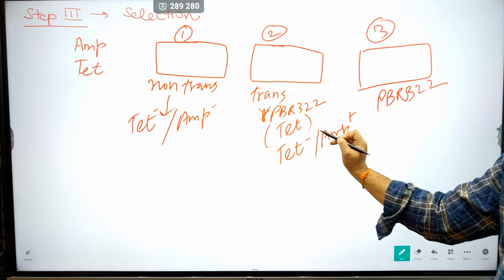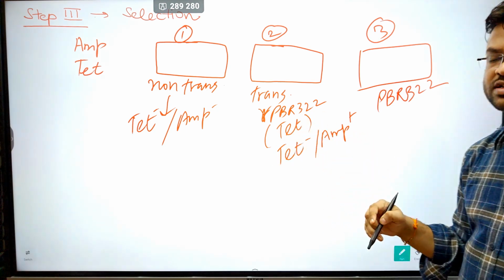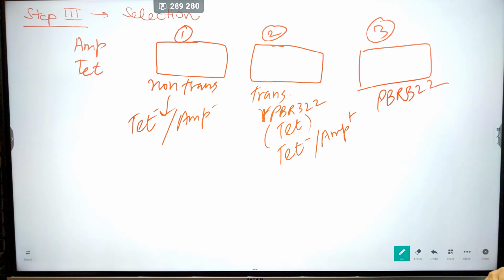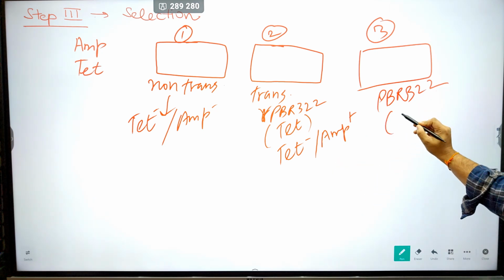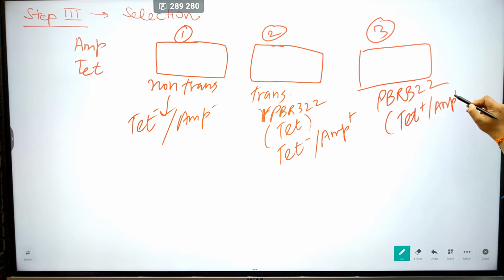I hope you remember why this is: the gene of interest has been added to the tetracycline resistance gene. What about this normal pBR322? In this, the tetracycline resistance gene is present and the ampicillin resistance gene is also present. Both the things are present.